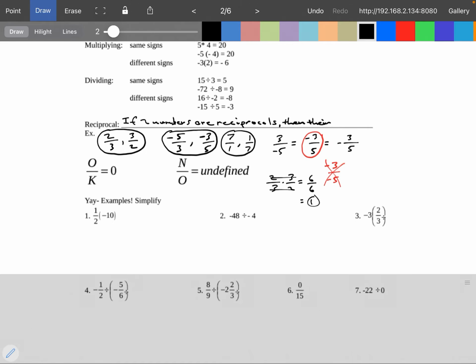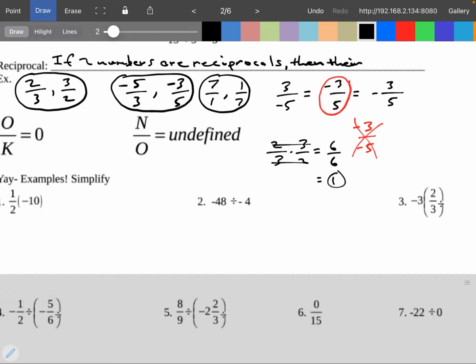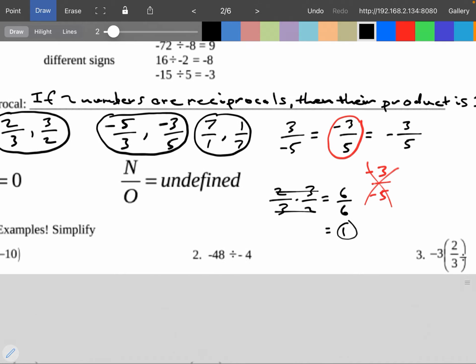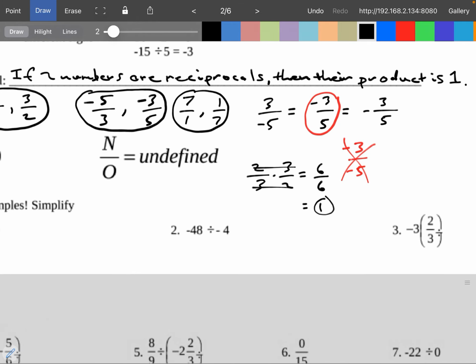I'm kind of running out of room here. So hopefully you can read that. I'll zoom in on it a little bit. So that's supposed to say if two numbers are reciprocals, then their product is 1.